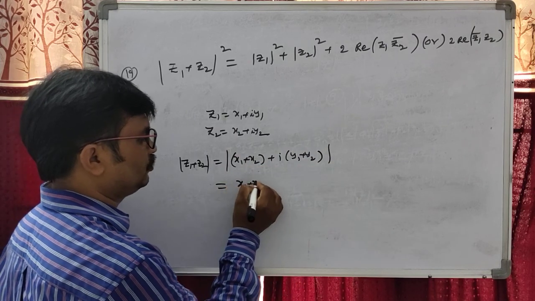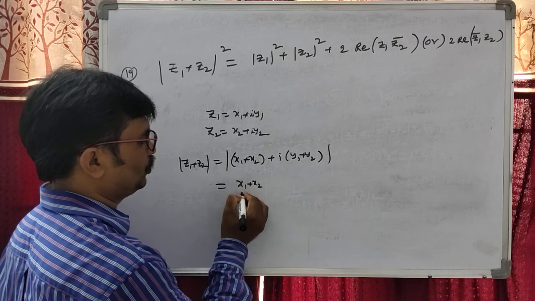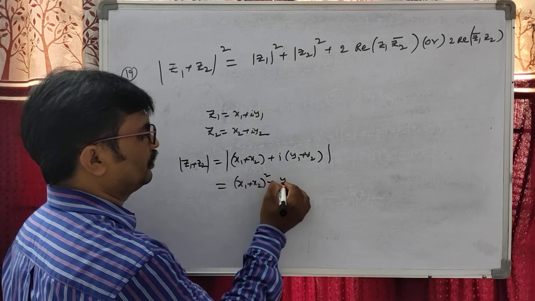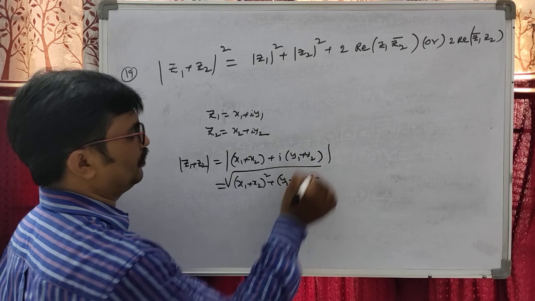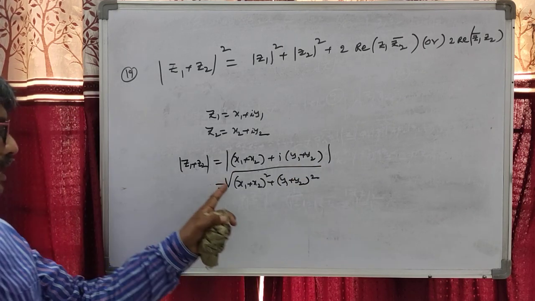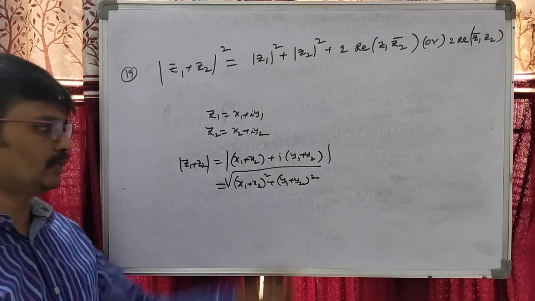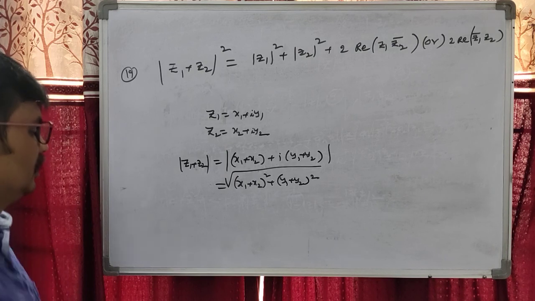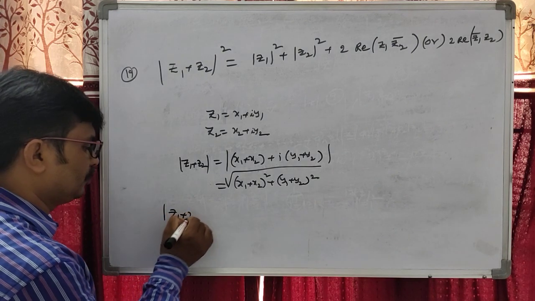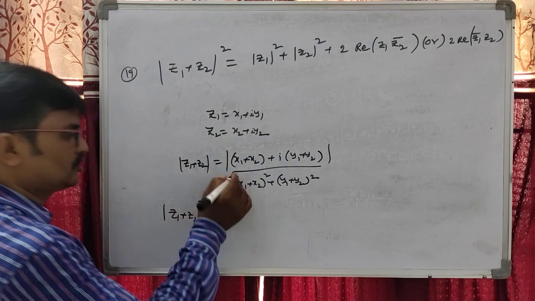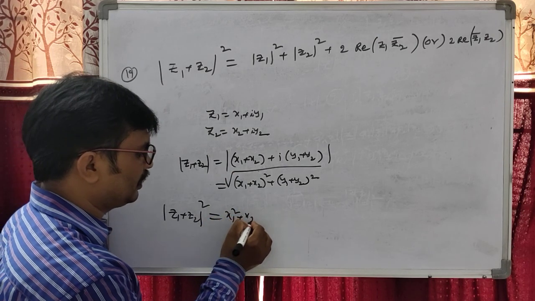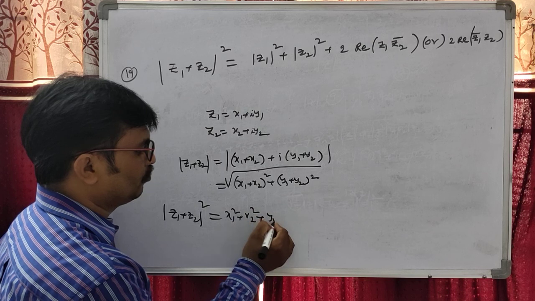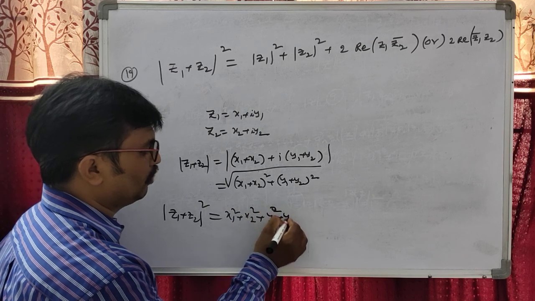This is the square root of x1 plus x2 whole square plus y1 plus y2 whole square. We know that the modulus is the real part square plus imaginary part coefficient square. So dear students, when you square on both sides, square and under root cancel. This is x1 square, x2 square, y1 square, y2 square.